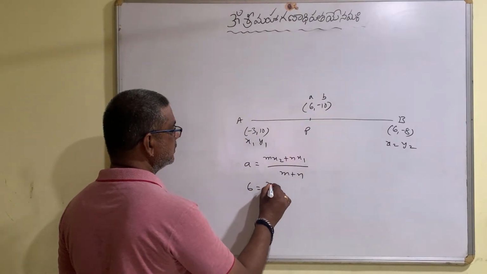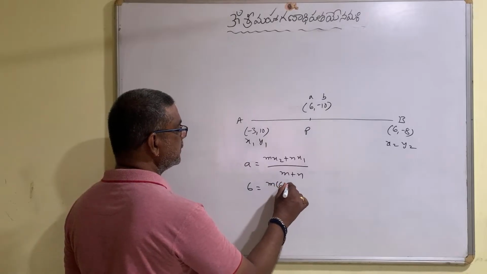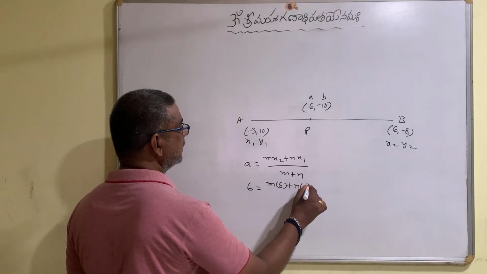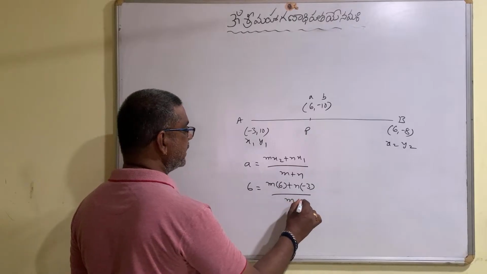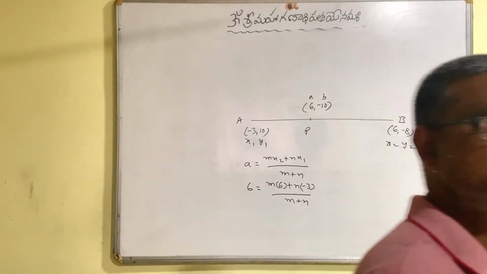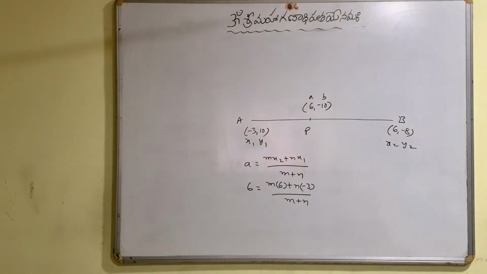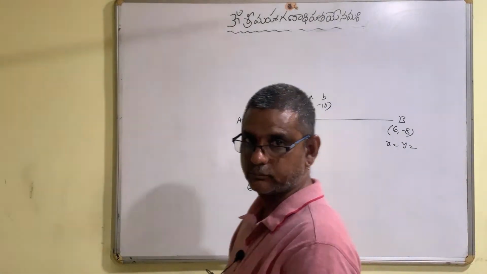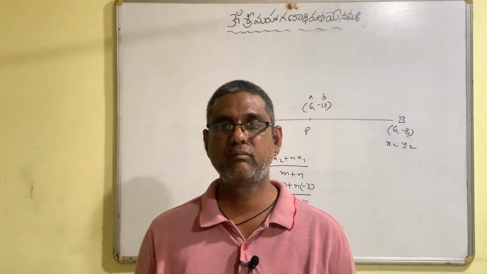So 6 is equal to mx2 plus nx1 by m plus n. Find out the m by n ratio. Find out the ratio, children.